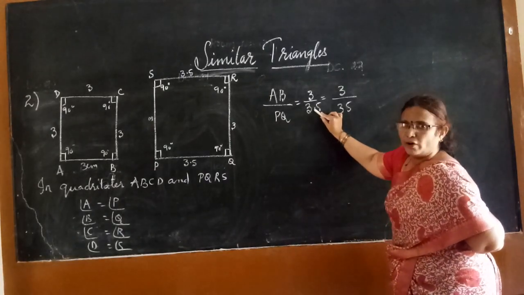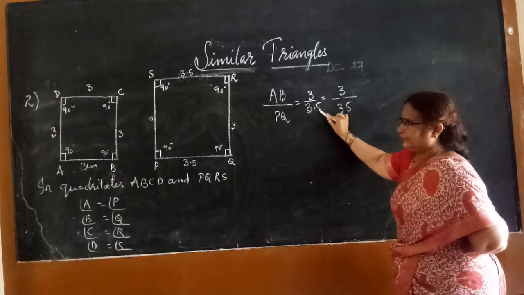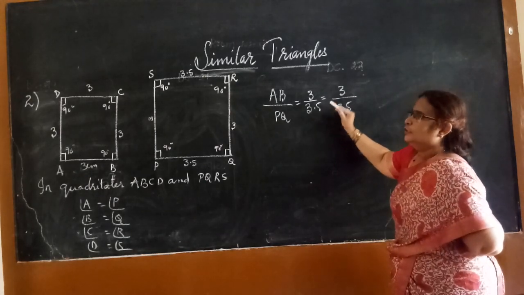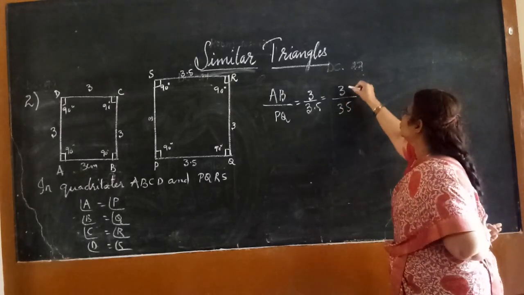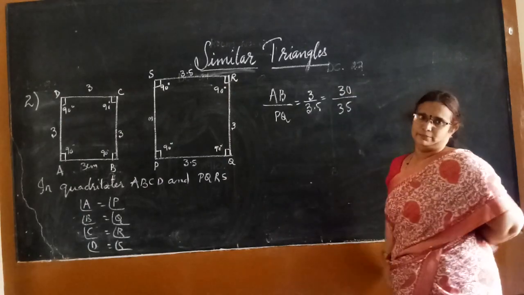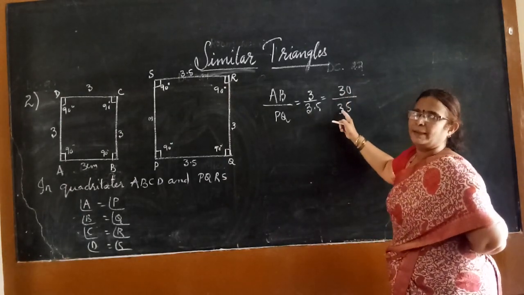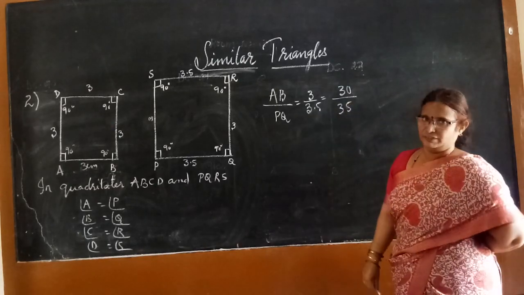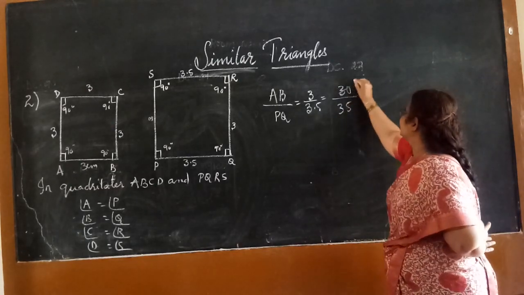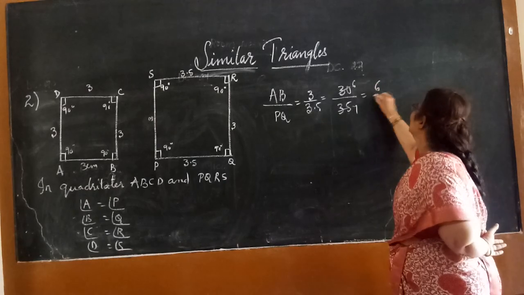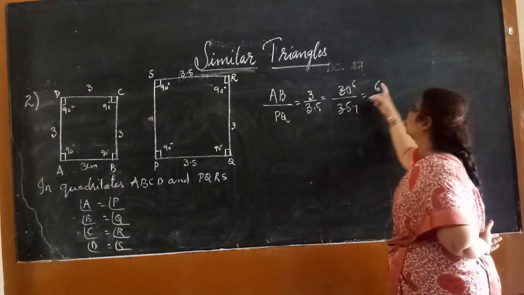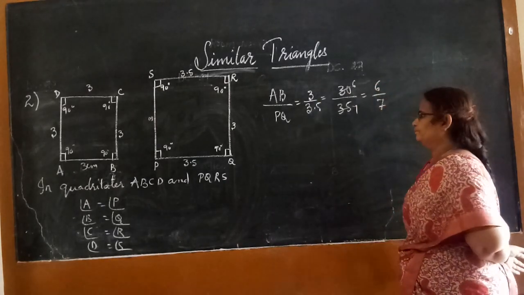After the decimal point, there is a single digit in the denominator, so a zero has to be placed in the numerator. Is it divisible by the same multiple? Yes, of course it is divisible by 5. So 5 sixes are 30, 5 sevens are 35, the simplest form of this ratio is 6 by 7.